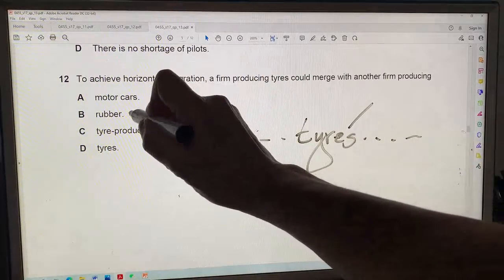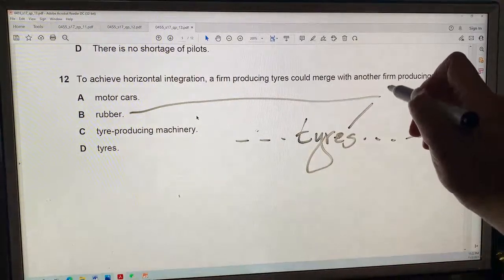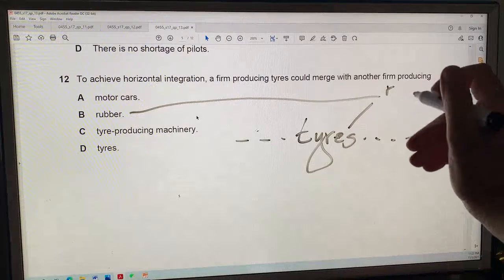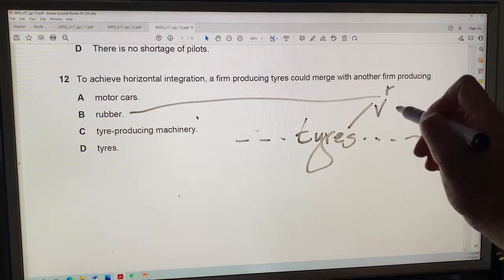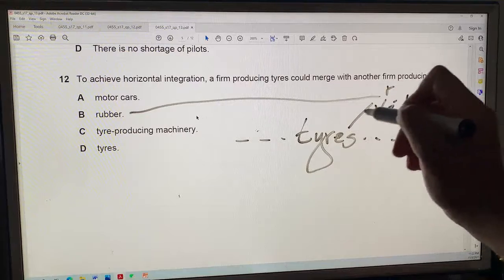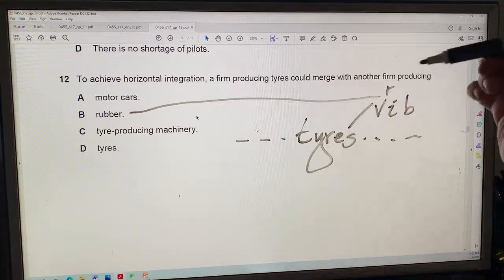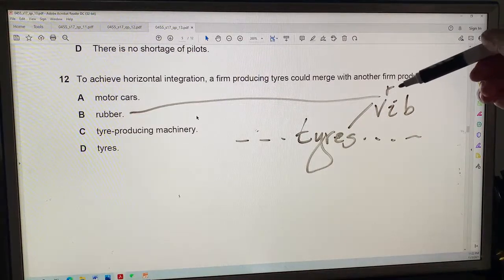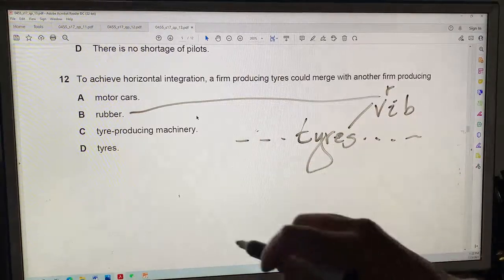If you buy a rubber company, let's just make it R, that's vertical integration backwards. If a tire company buys a rubber company, because the rubber company provides the rubber for the tires.